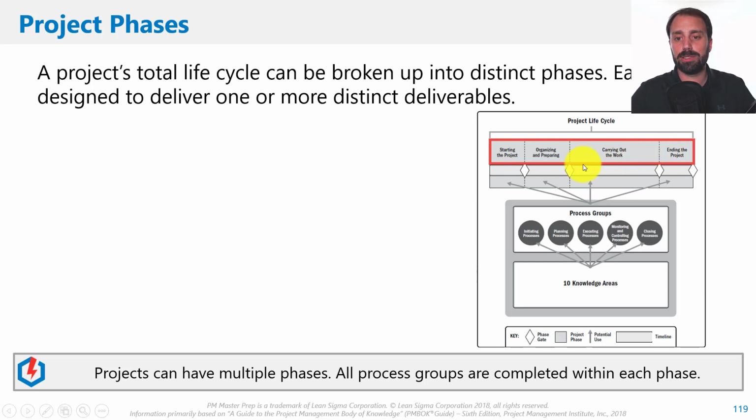Now, let's look at this diagram. Within each phase, you're going to operate all of the process groups from initiating, planning, executing, monitoring, controlling, and closing. So you're going to do that in this phase, all the way through. So you see how this breaks out, that the top line is the project life cycle, which breaks out into different phases.